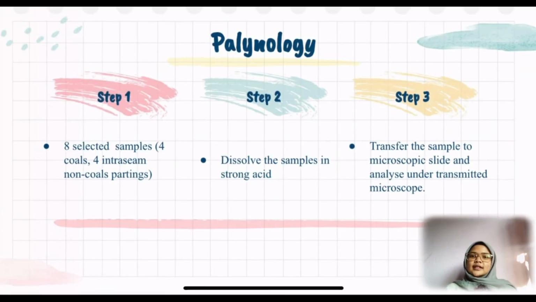There are three steps needed to do this palynology analysis. Firstly, 8 samples have been collected, which are 4 samples of coals and 4 samples of non-coals. Then the samples will be dissolved in strong acids such as hydrochloric acid, nitric acid, and also hydrofluoric acid to separate the microscopic pollen and spores from their rock matrix.